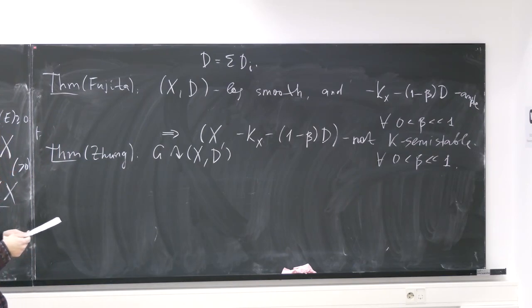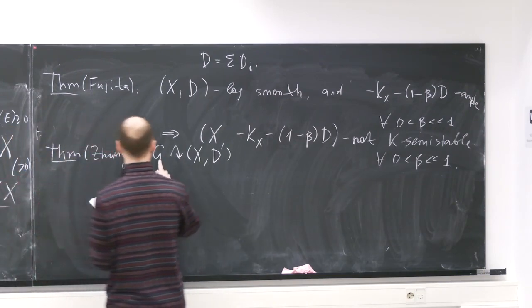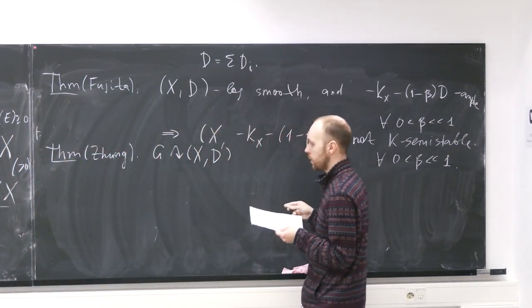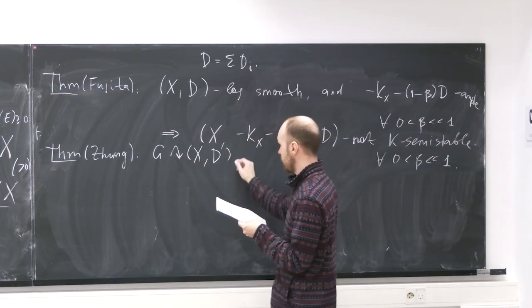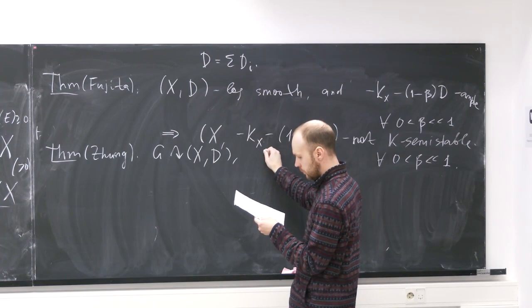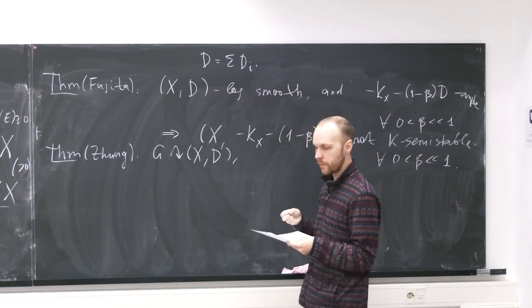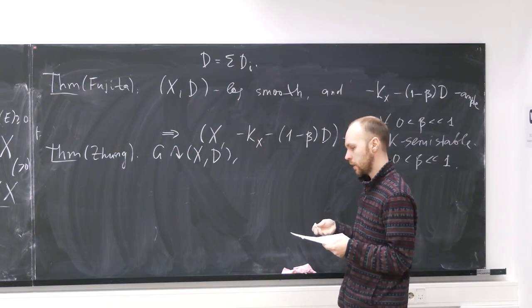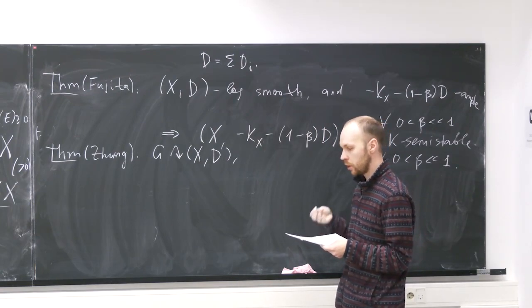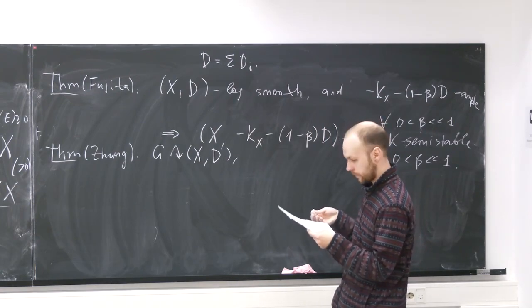So I don't have much time, so I just say that if we have a group acting on the pair, so G is an algebraic group, then to check semi-stability, we only need to check divisors which are G invariant.